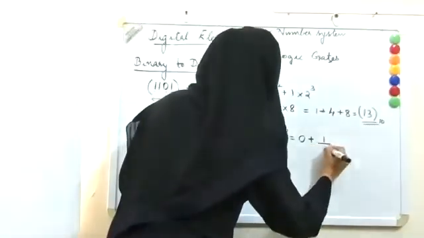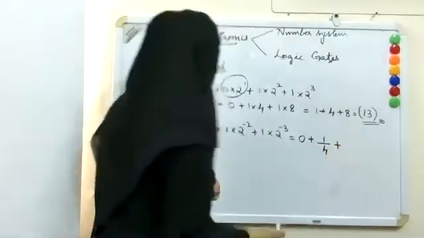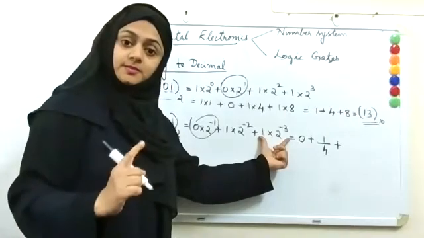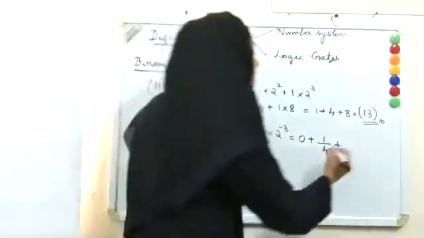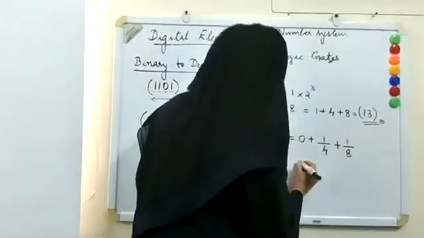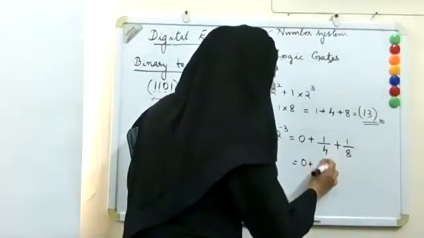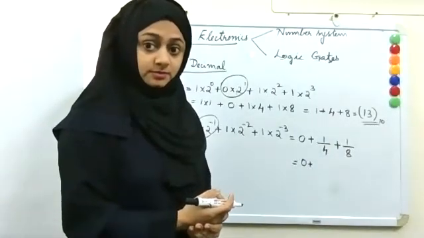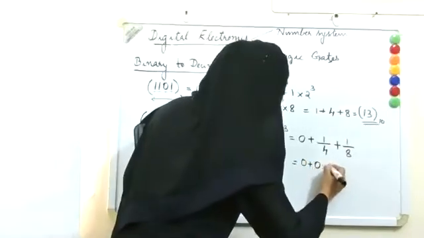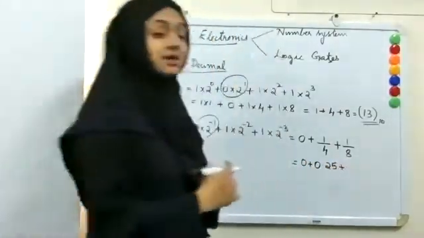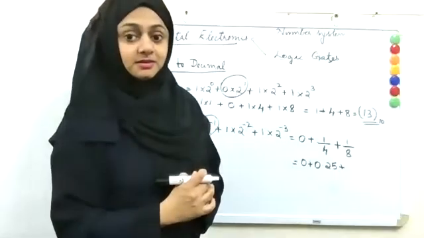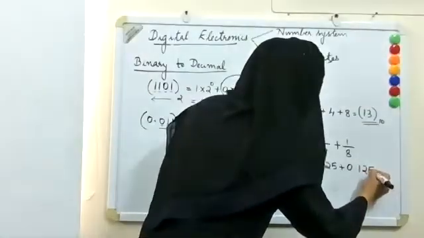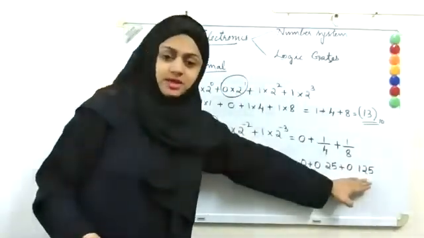So I write it as 1 by 4 plus, what is 2 raised to minus 3? 1 by 8. So this is equal to 0 plus, what is 1 by 4 in the usual way? 0.25, plus, what is 1 by 8? 0.125. Just remember at least till 1 by 8, okay?